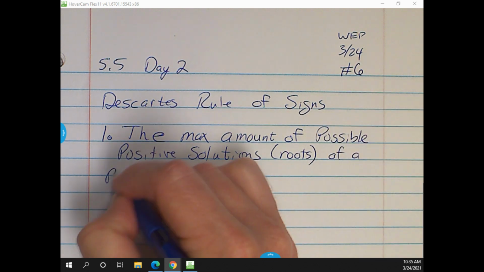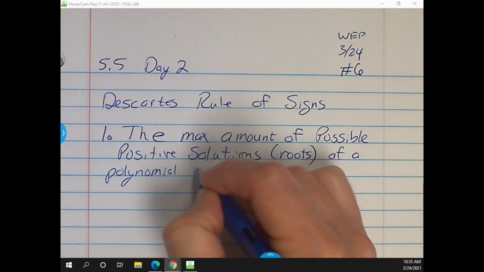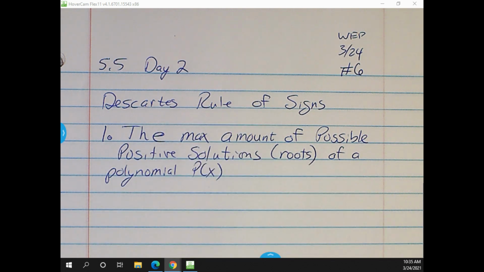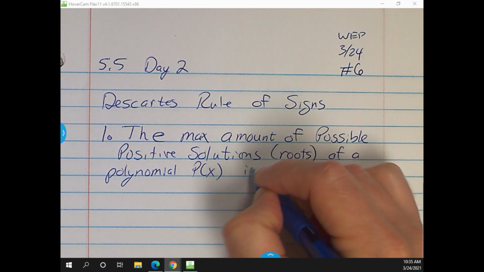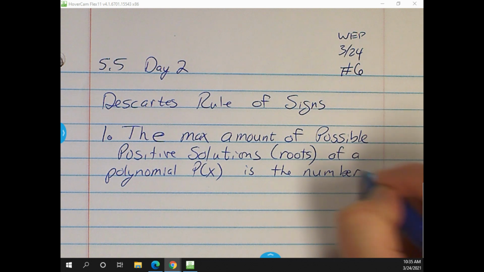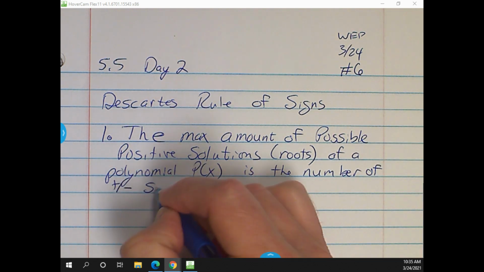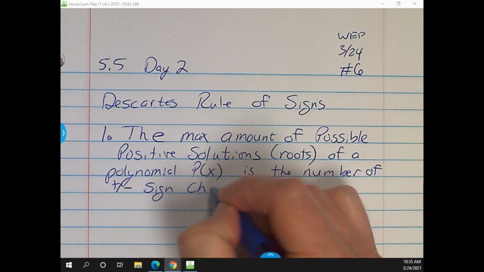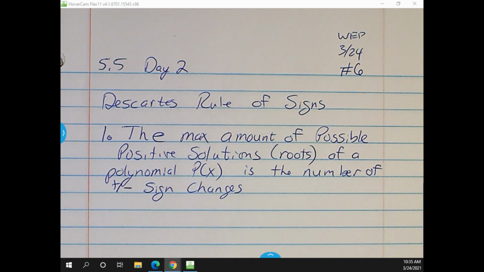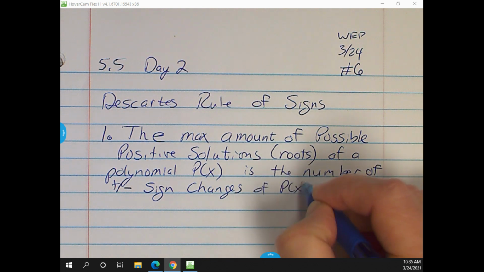Of a polynomial that they're going to call P of X is the number of plus or minus sign changes of whatever the P of X thing is that we're going to look at.